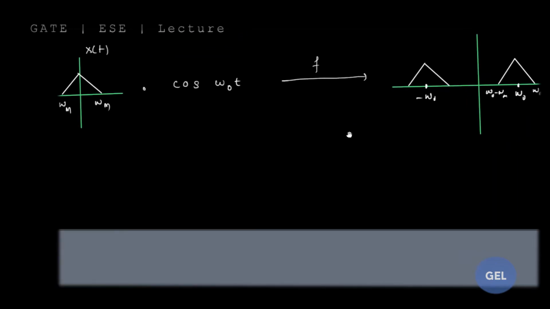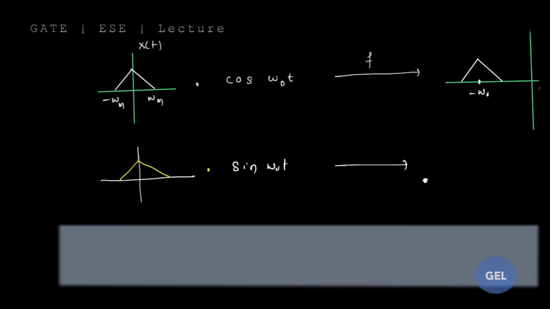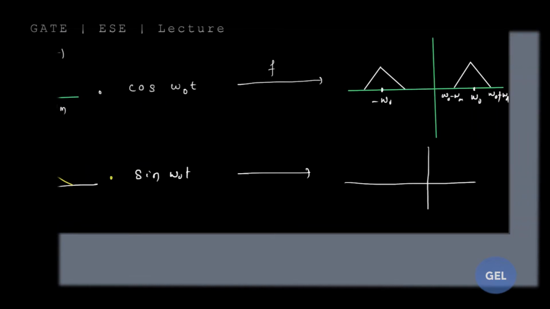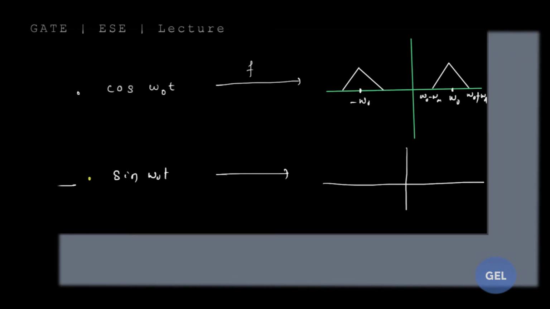If I start speaking about this, this lecture will be too long. Similarly, if any function is multiplied with sin omega naught t, you will get the function defined only at two pulse values.